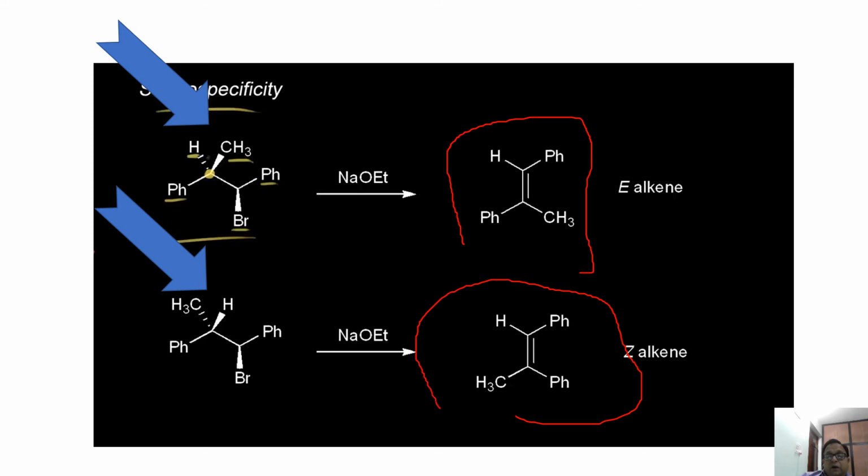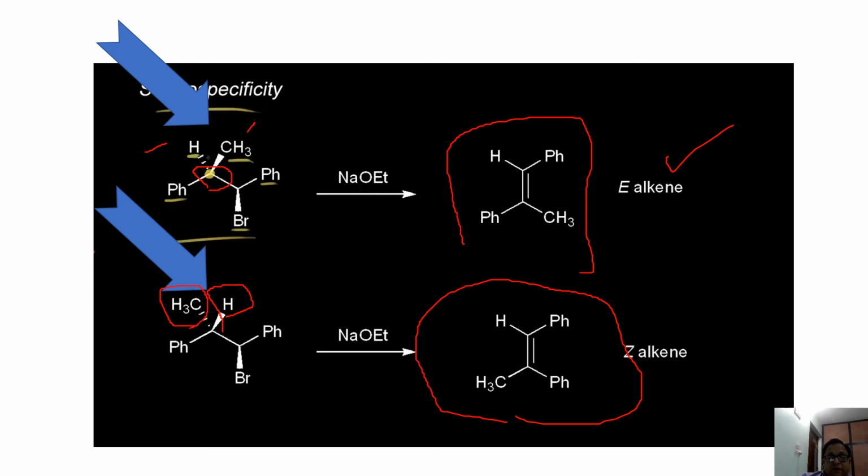Now see how the stereochemistry of the reactant is determining the nature of the product. If you look upon this carbon, here hydrogen is inside the plane and methyl group is out of the plane. So we are getting the E-alkene. But in this case, hydrogen is out of the plane and methyl group is inside the plane.